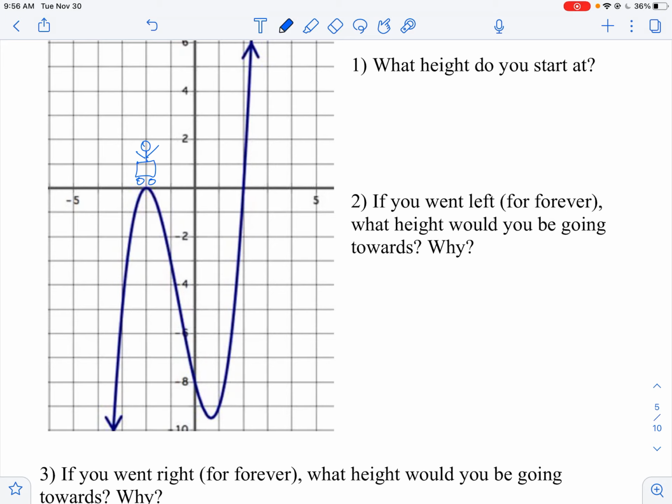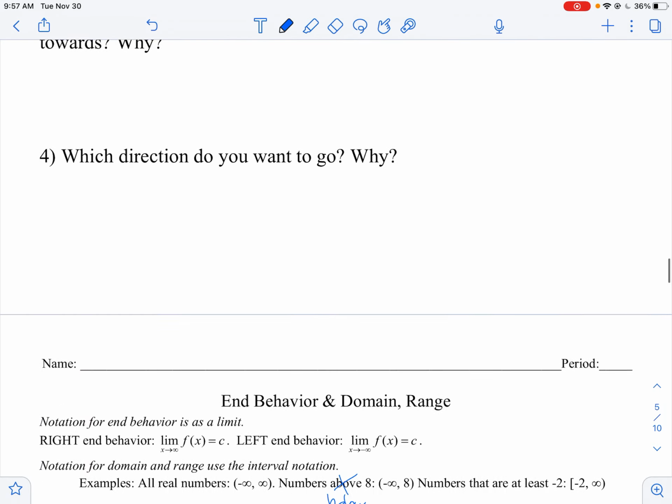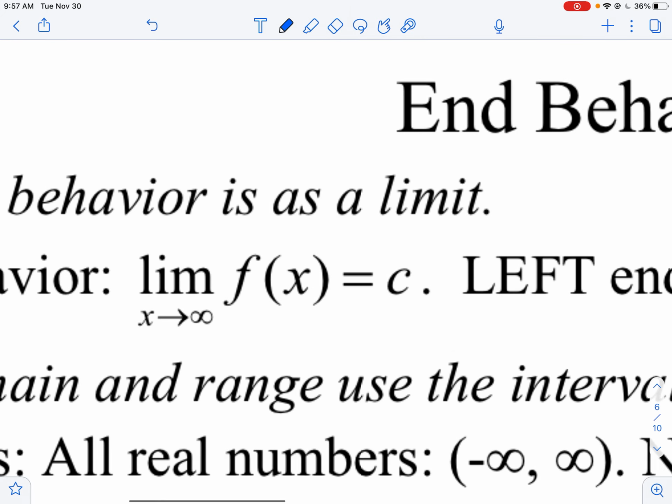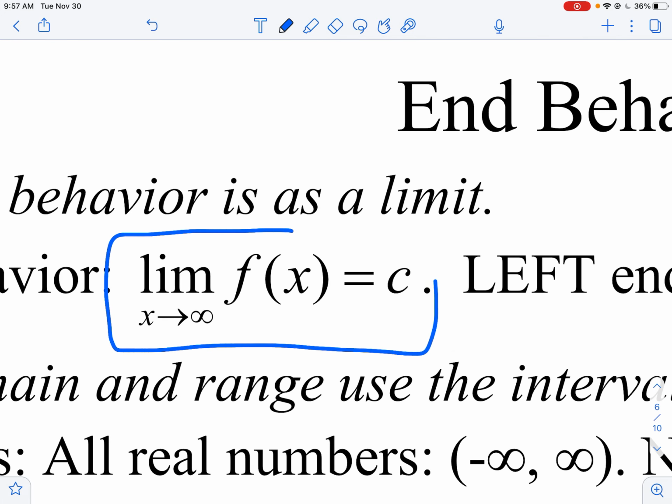If you were to go right forever, this function would continue to go up and up and up. If it went left forever, you'd go down and down and down. And there's a way to write that down, and it's with this fancy thing called limit notation, and it looks like this. Try not to be scared. This is just notation stuff. You'll get used to it.